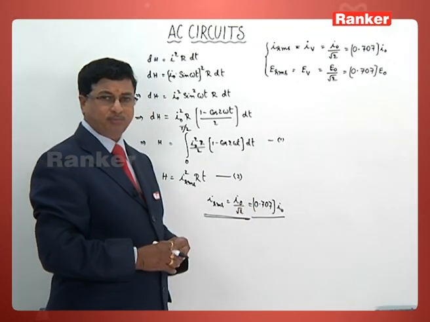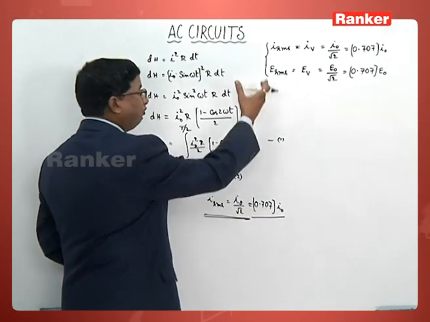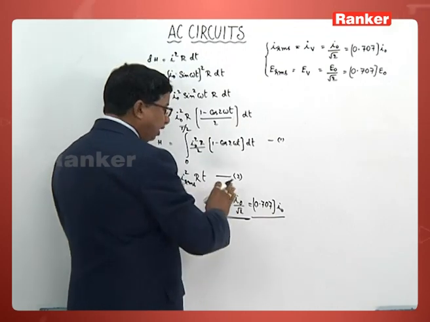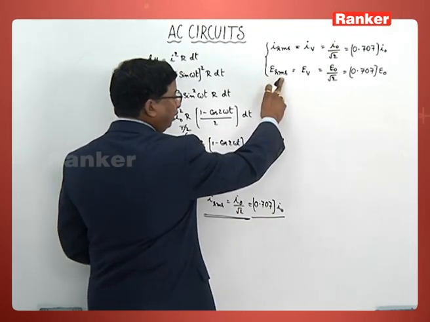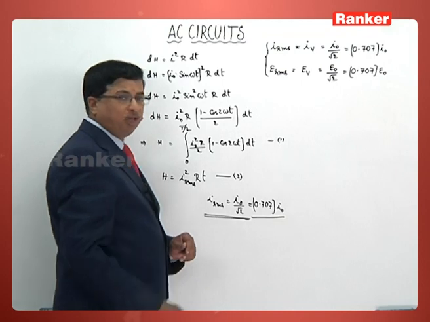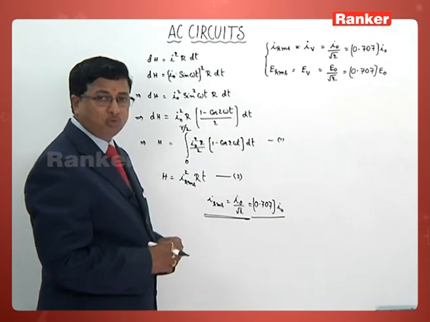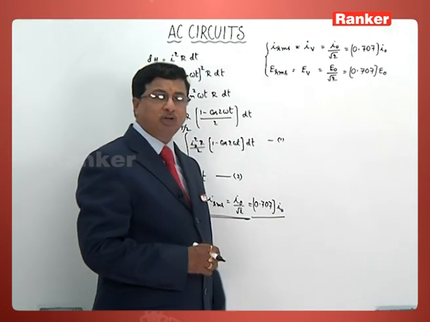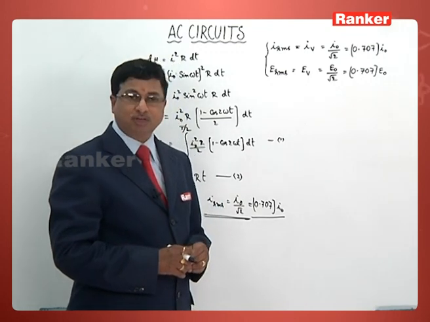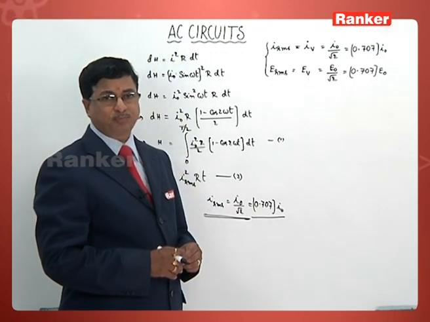So this is the equation for RMS value of current. Similarly, we can write E RMS as E naught by root 2, which is equal to 0.707 E naught.